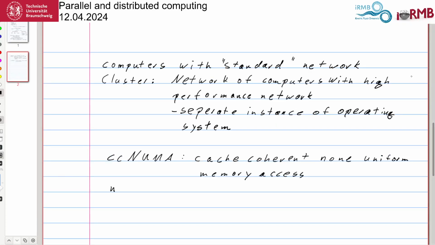Then NCC-NUMA is the non-cache coherent one. What does it mean? One is cache coherent and the other one is not cache coherent.